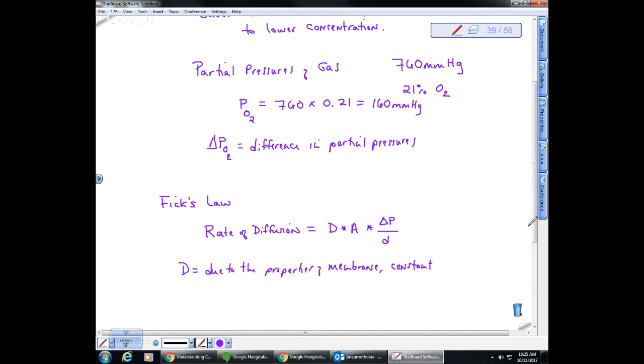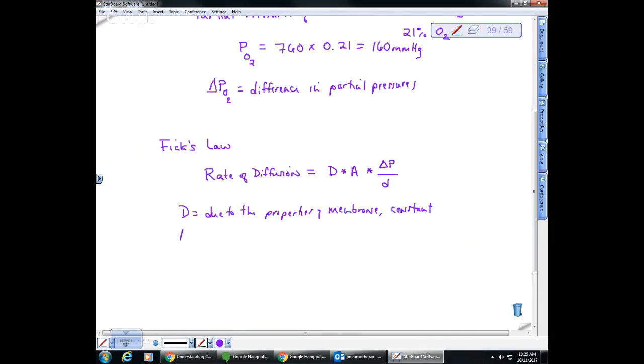Okay, so A is the surface area over which gas exchange takes place. We already defined delta P, the difference in pressures.